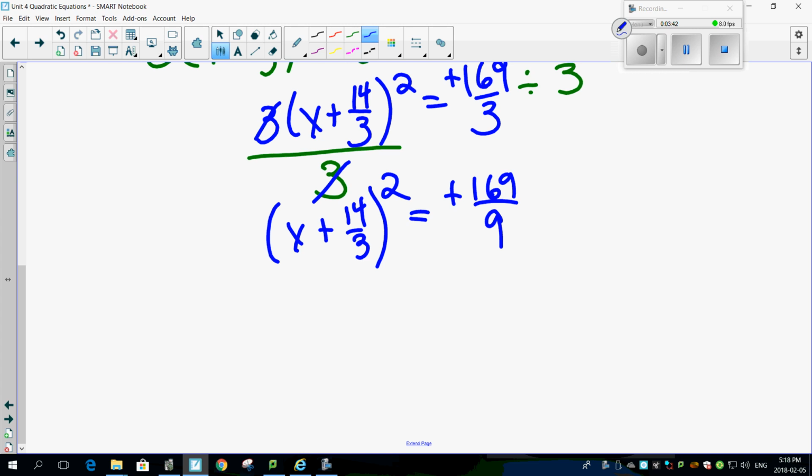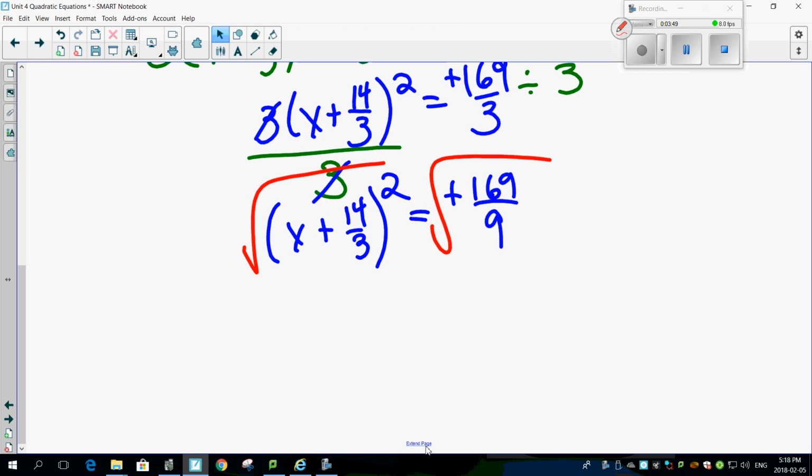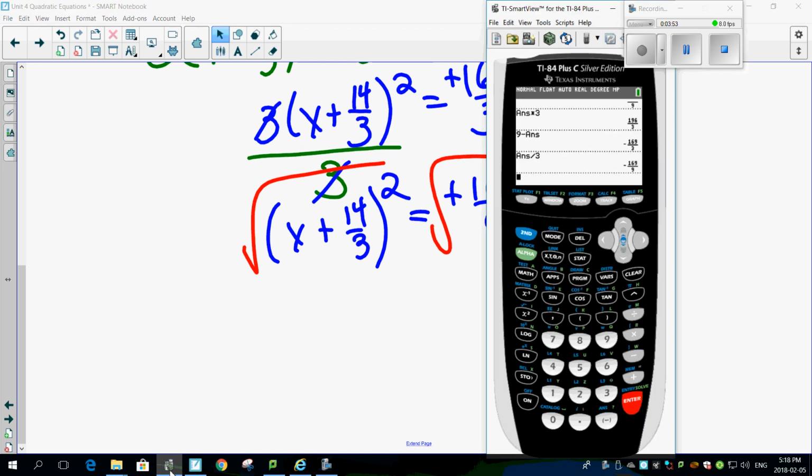This still looks ugly, doesn't it? But now, don't forget, you're going to square root this. And check this out. This is going to totally freak you out. Get rid of that negative, by the way. So the way we get rid of it, because we brought it over to the other side, is just multiply it by negative 1. Get rid of that negative sign. So that turns out to be 169 over 9.